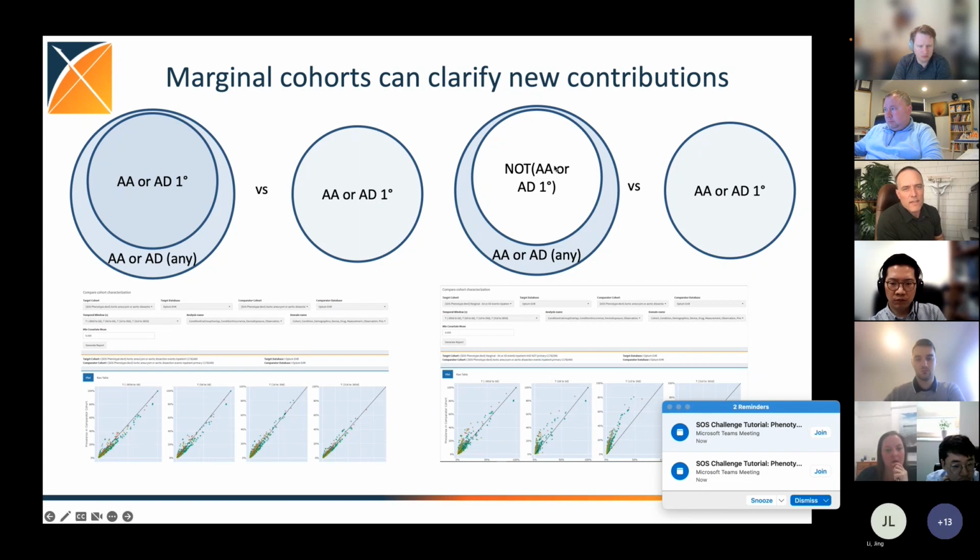But if I then take the example of what that marginal new contribution is, so having the diagnosis in any position but not in the primary position, and compare it to the ones in the primary position, I see quite a different figure. And so I think they can provide a clarifying role in terms of new contributions that are being added with the changes that you've made in the cohort definition.